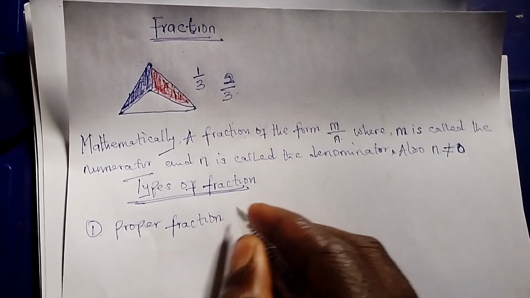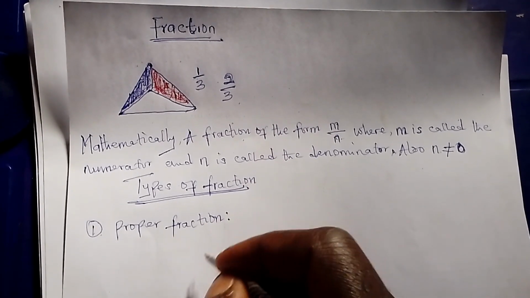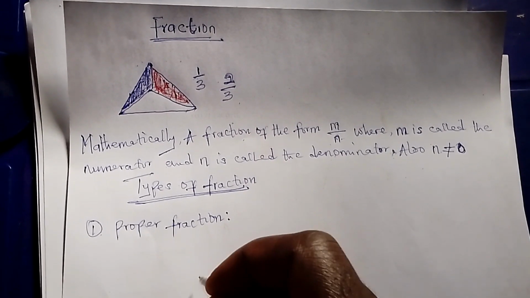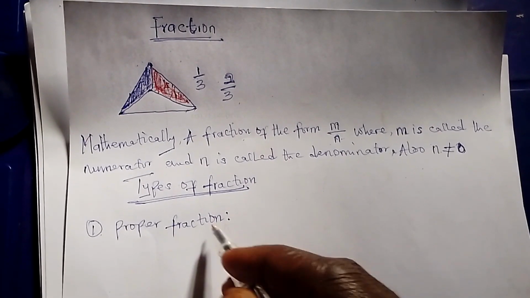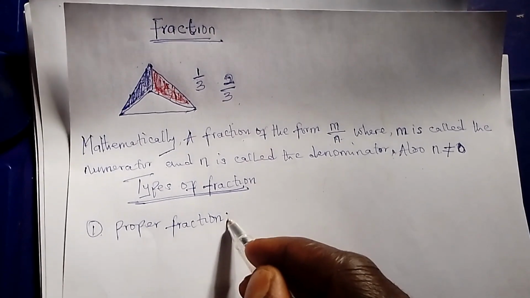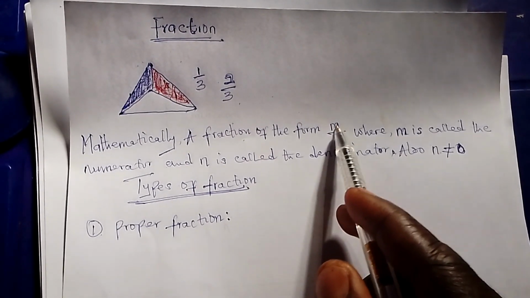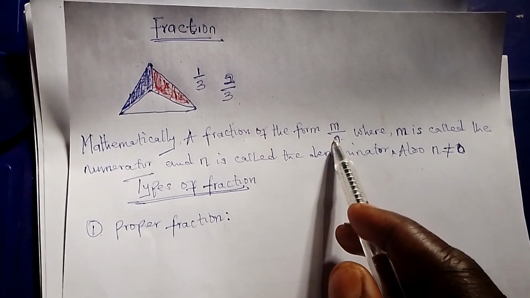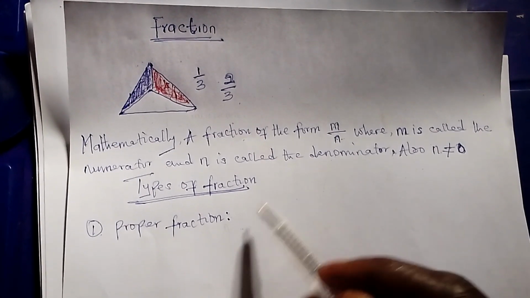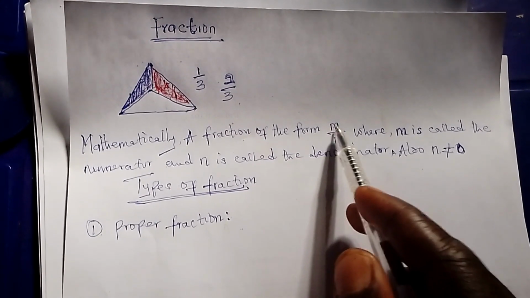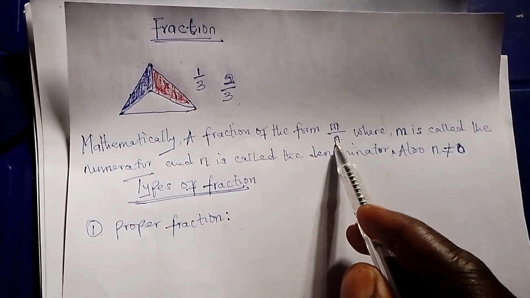One is proper fraction. So when do you say that a fraction is proper? A proper fraction is a fraction whereby the numerator, remember I said that m is the numerator, while n is the denominator, is less than the denominator.